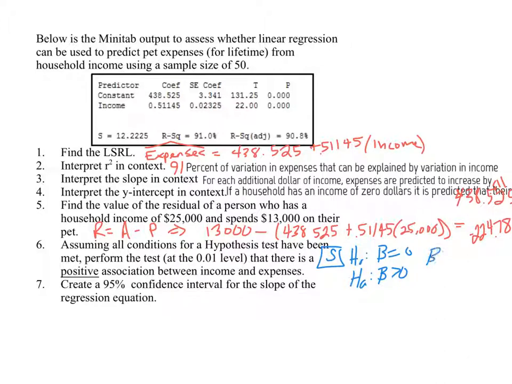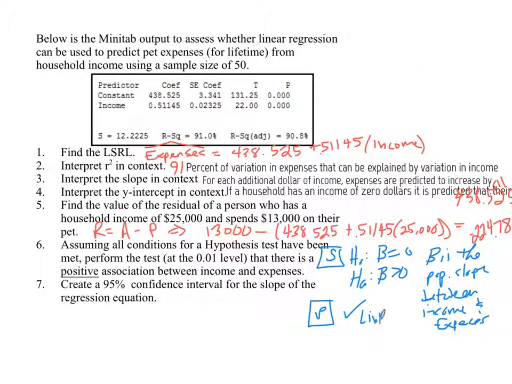And remember, we always say something is the population slope between income and expenses. The plan: all conditions have been met. I'm going to put a little check mark there, since we were told conditions were all met for our LinReg t test. I'm just going to write the test we're going to use.